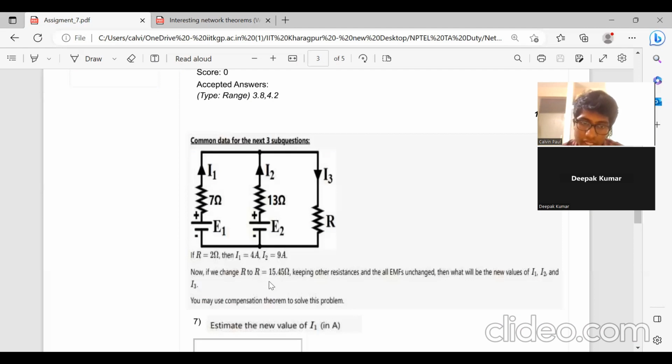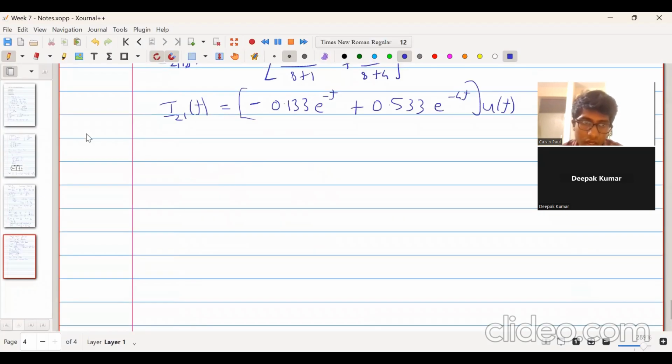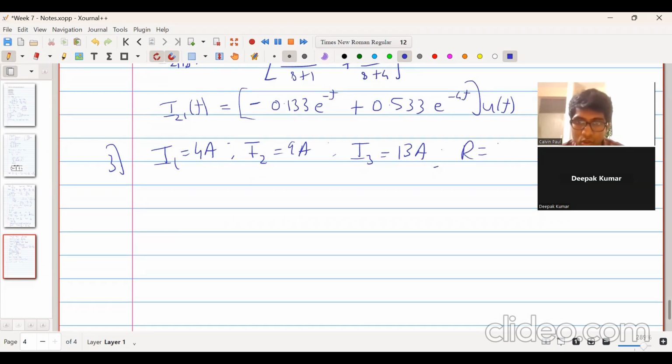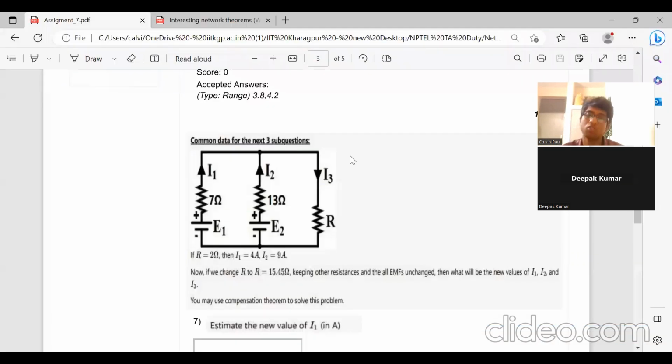Initially R was 2 ohm, then R will become 15.45 ohm. First, I1 is 4 ampere, I2 is 9 ampere, I3 is 13 ampere. And R was 2 ohm. Any doubts in this? It's all given in this.